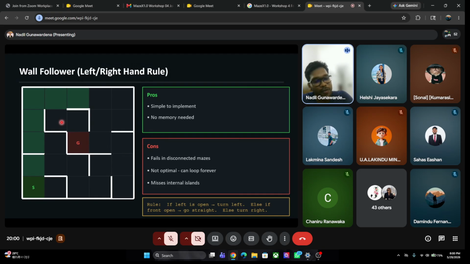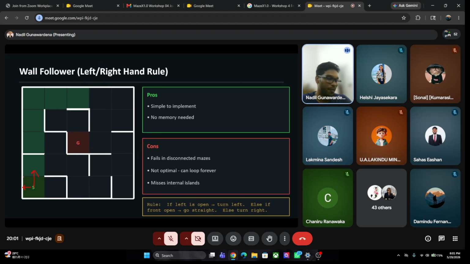What the wall follower algorithm means is, just assume that you are in a real life maze. This is the start, and you are facing this direction, and you just need to place your left hand on this wall, right? You place your left hand on that wall, touching that wall, and then you have to move forward.